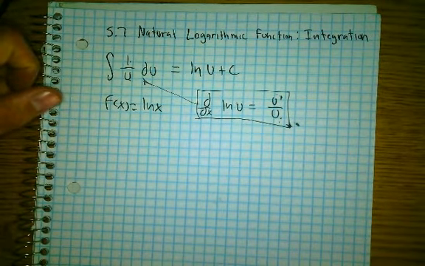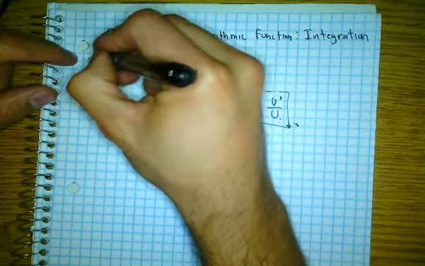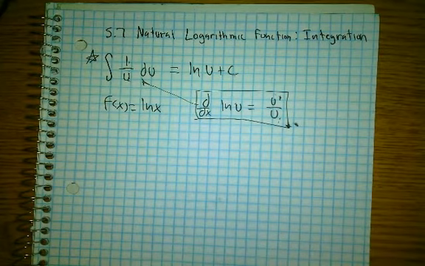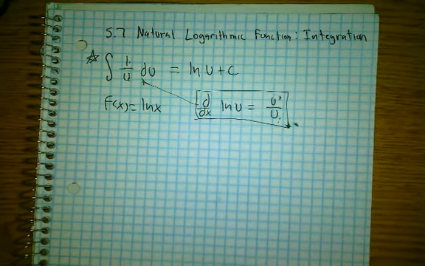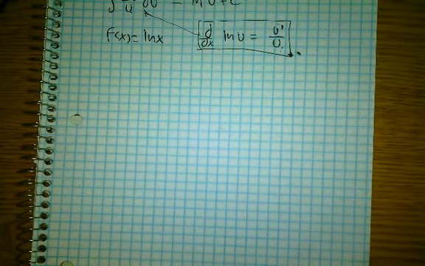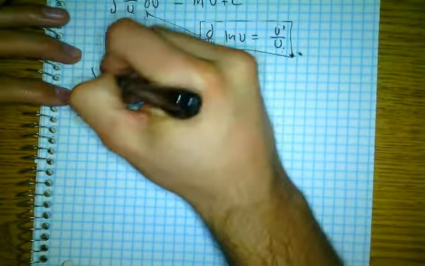That's what's going to happen for the majority of the time today. So this rule right here is going to become very important for you today. Recognizing that the integral of 1 over u du is equal to natural log of u plus c.